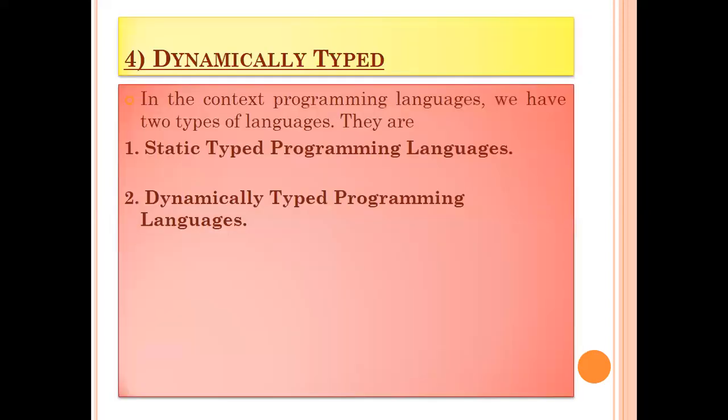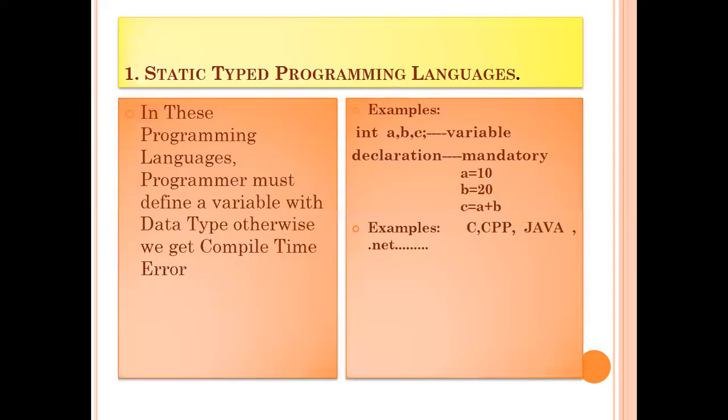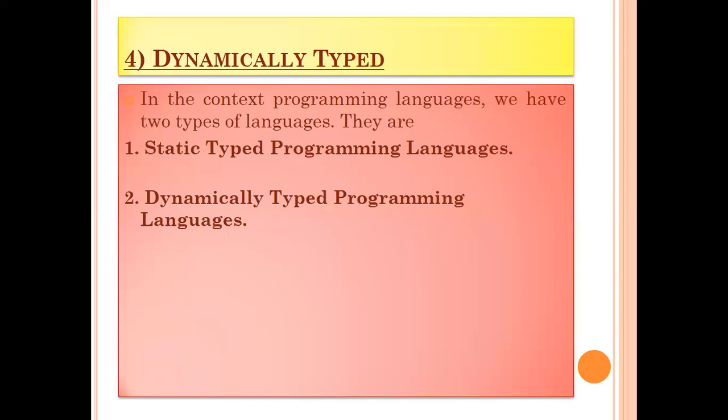Now, let's talk about the dynamically typed language. What do we understand by dynamically typed? Students, there are two kinds of languages: one is static typed, the other is dynamically typed programming language. What is the difference between static typed and dynamically typed programming language?